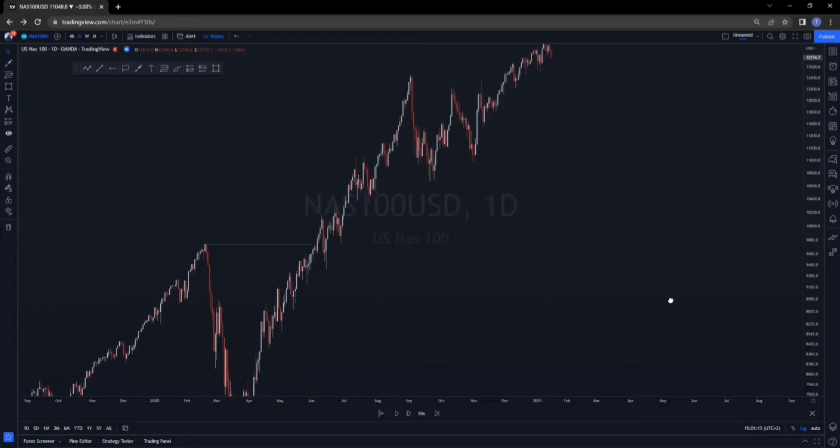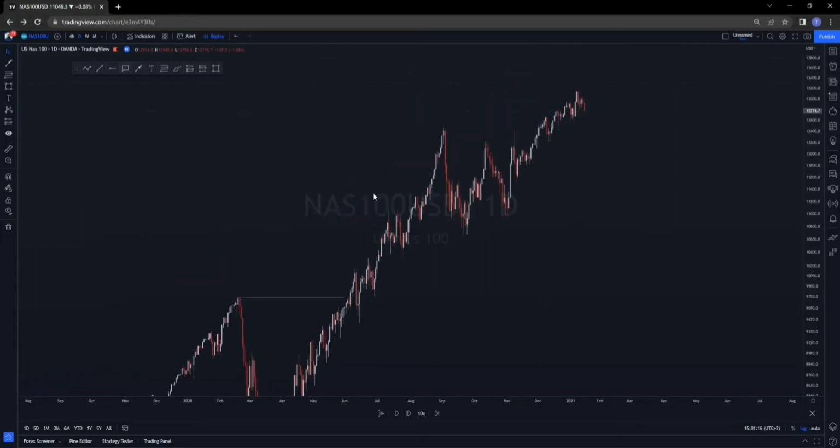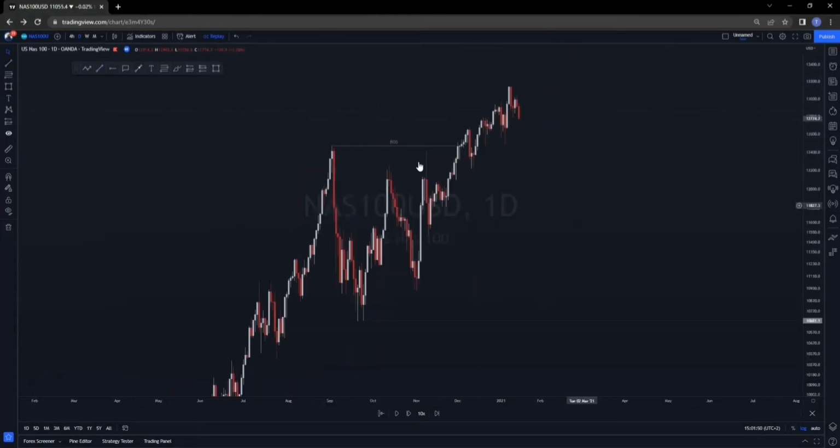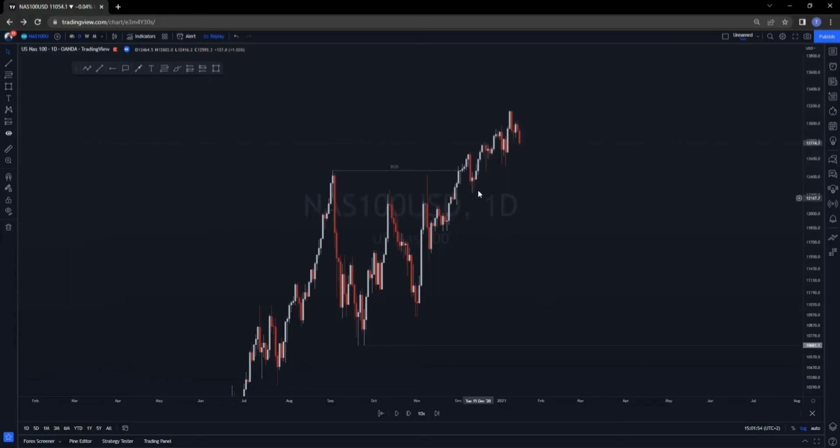Let's move on to what we have today. We also have this low over here, which is a source of liquidity. It's a significant low because it was able to break through structure. And what I've also noticed is that the market has a tendency of forming a zone like this one over here, and we will oftentimes have a retest before the market forms another wave, and price will spend a significant time away from it.